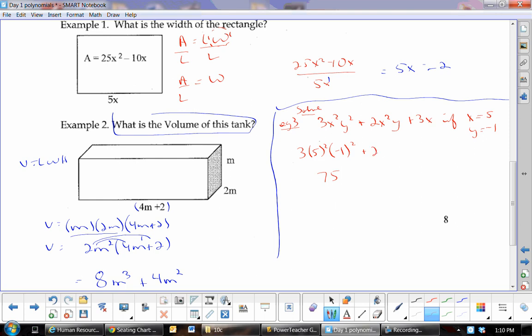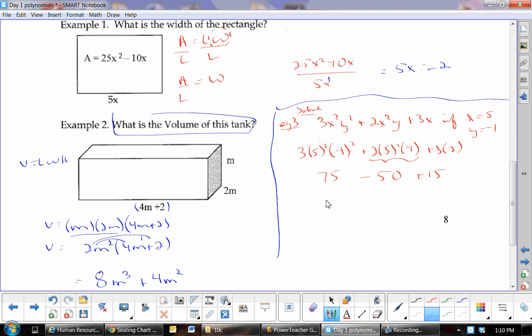And then this is 2 times 5 squared times -1 plus 3 times 5. Now 5 squared times 2 is 50 times -1 is -50, and then plus 15.